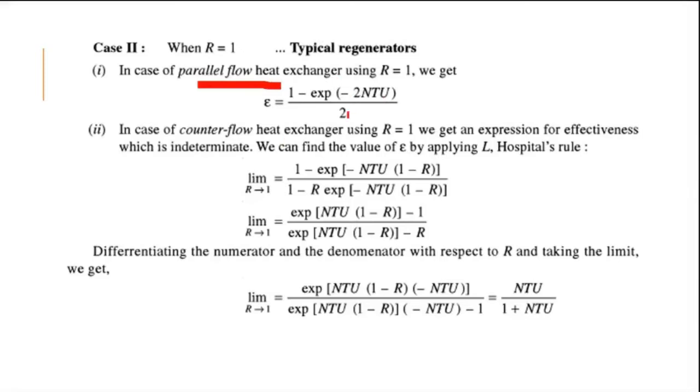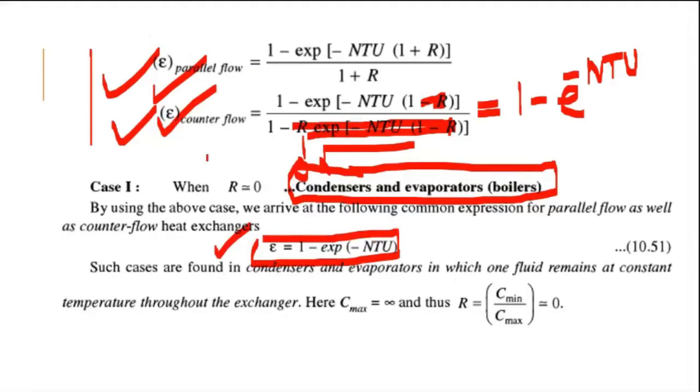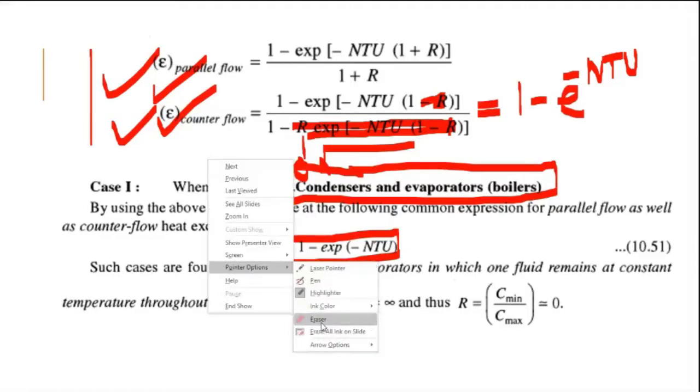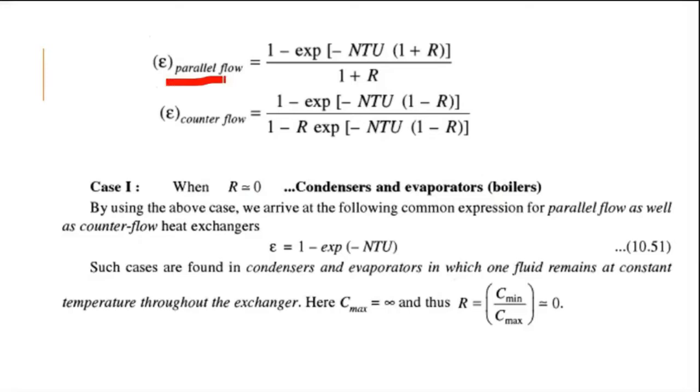For a parallel flow heat exchanger, I'll just go back to the previous slide. This was the relation for parallel flow heat exchanger. What we need to do is put R equal to 1, so instead of R, I can write 1. So this becomes 1 minus e to the power, what do we get in the exponent of e?